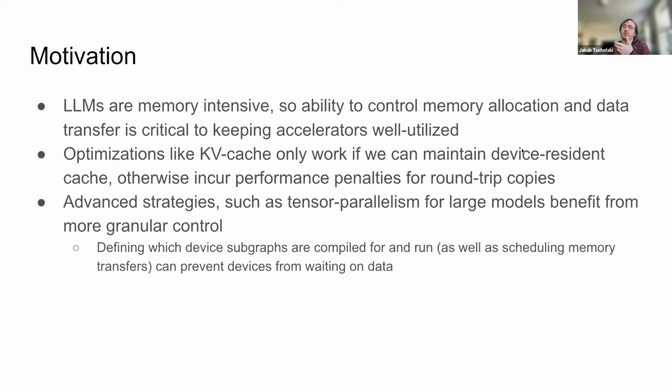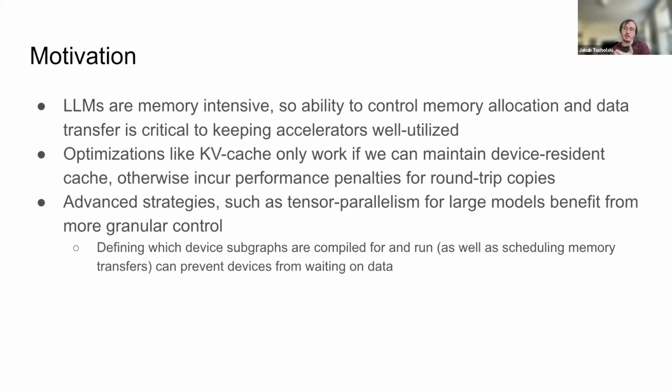So the motivation here, in order to set the stage, is that LLMs and all these big models are very memory intensive, right? So we often need finer grained control over memory allocation and data transfer in order to keep our accelerators really humming. And also we have optimizations like KV caches that can really only work, within the context of GPUs, if we can keep the tensors backing some of these caches device resident.